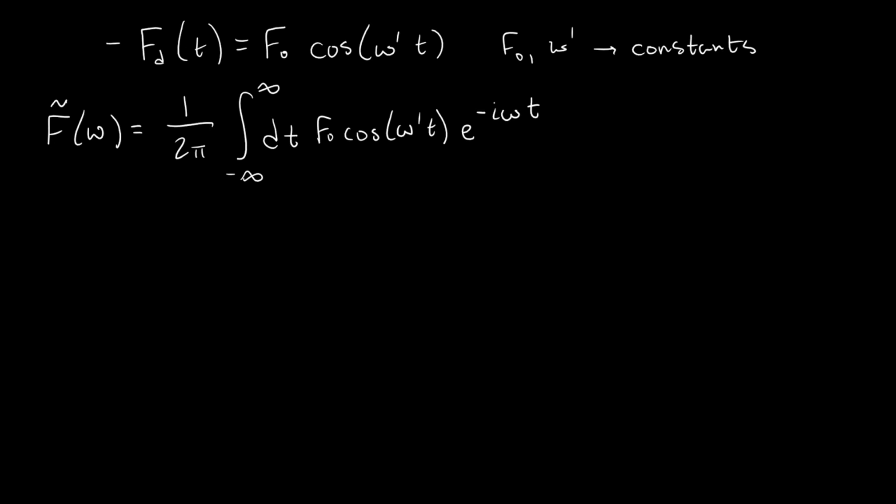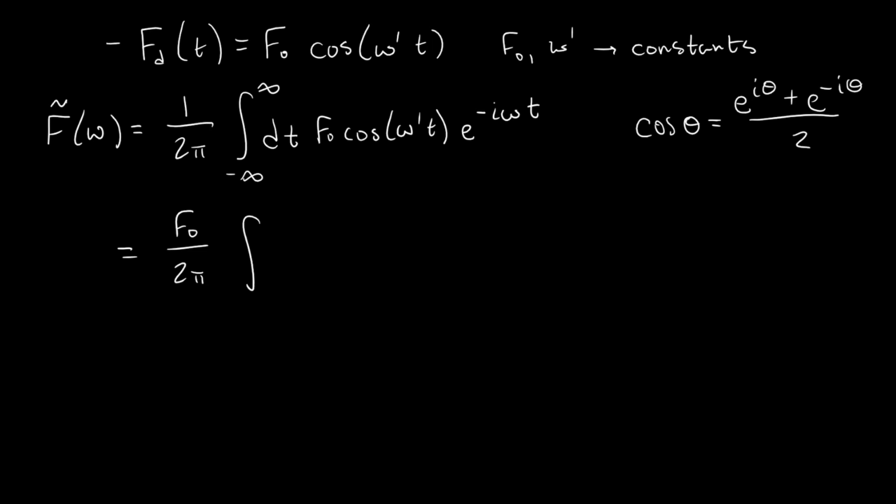This is actually a pretty straightforward integral to do, and to see how, we'll split up the cosine. So cosine theta is equal to e to the i theta plus e to the minus i theta over 2. Write it in terms of exponentials, so that I get something like, pull out the constant, pi. And I get two terms.